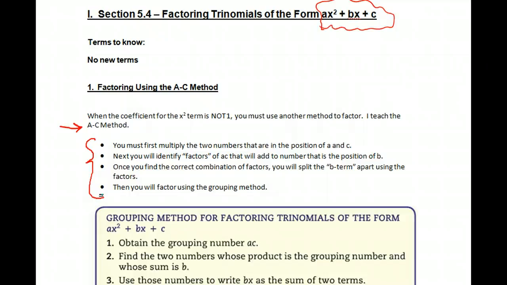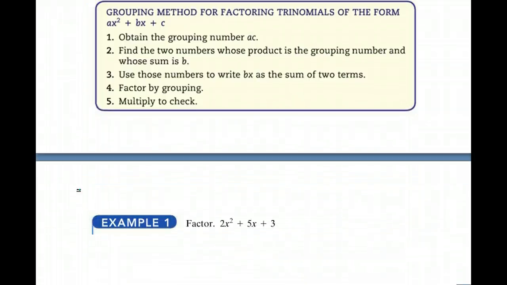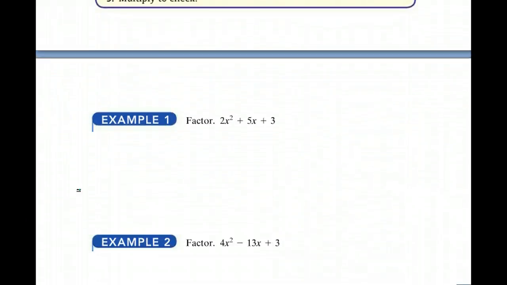Once you find the correct combination of factors, we're going to split the B term apart using those factors. And then we will use the factoring by grouping method that we learned in Section 2. Let's take a look at an example.